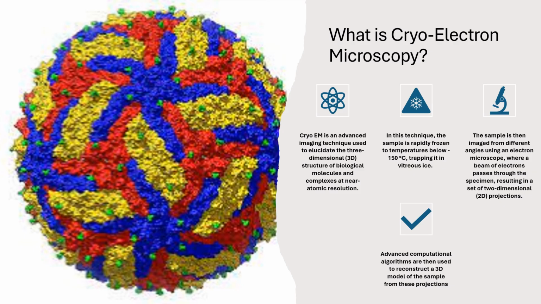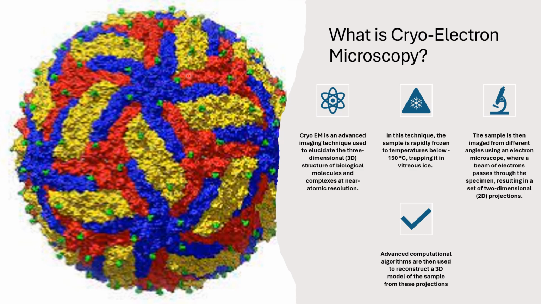What is cryo-electron microscopy? Cryo-electron microscopy is an advanced imaging technique used to elucidate the 3D structure of biological molecules and complexes at near atomic resolution. In this technique, the sample is rapidly frozen to temperatures below minus 150 degrees centigrade, trapping it in vitreous ice.